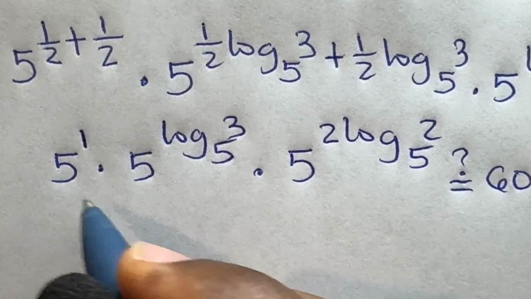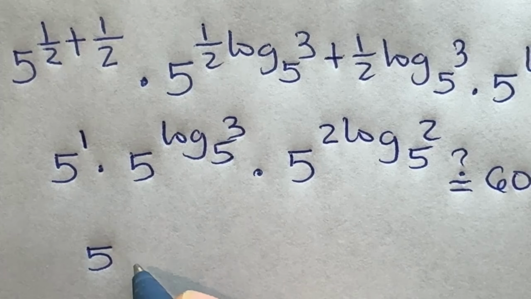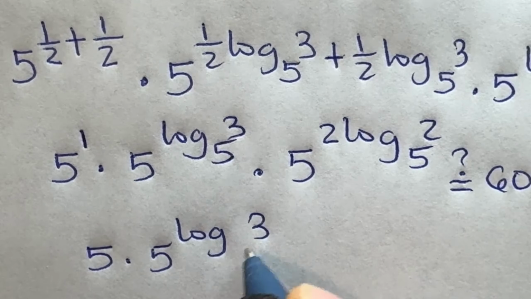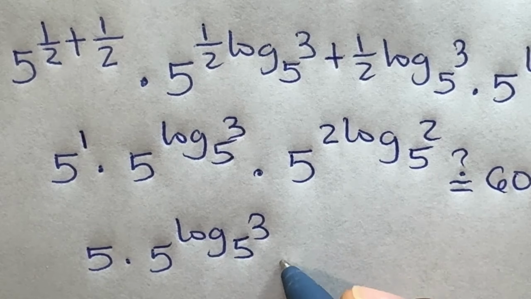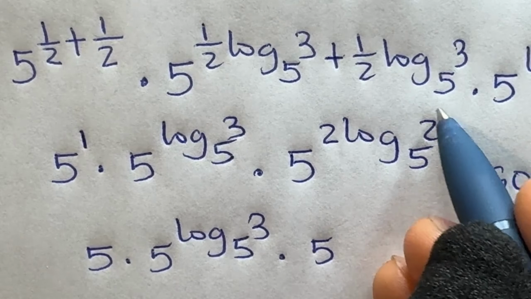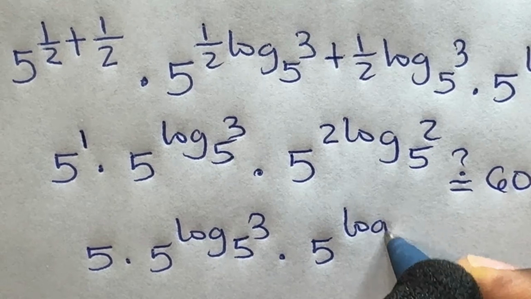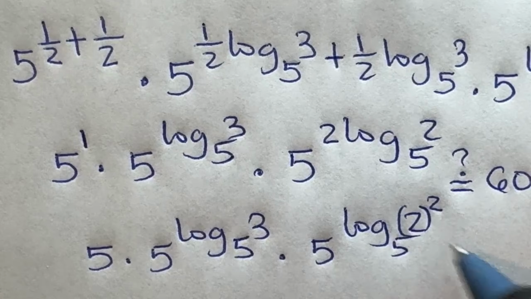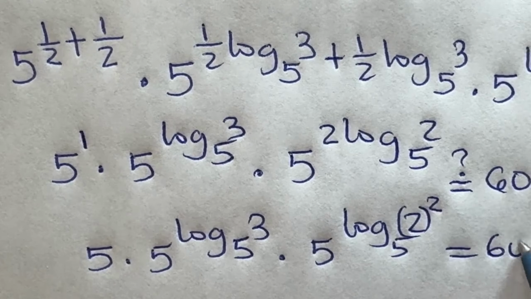So if we tidy this up, this is 5 times 5 raised to power log 3 base 5, then times 5 raised to power, I'll take this 2 all the way here, so this becomes log 2 raised to power 2 base 5, is equal to 60.